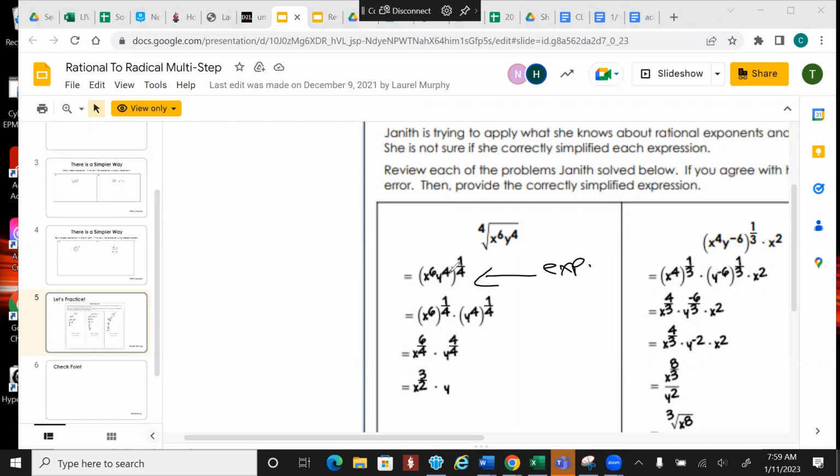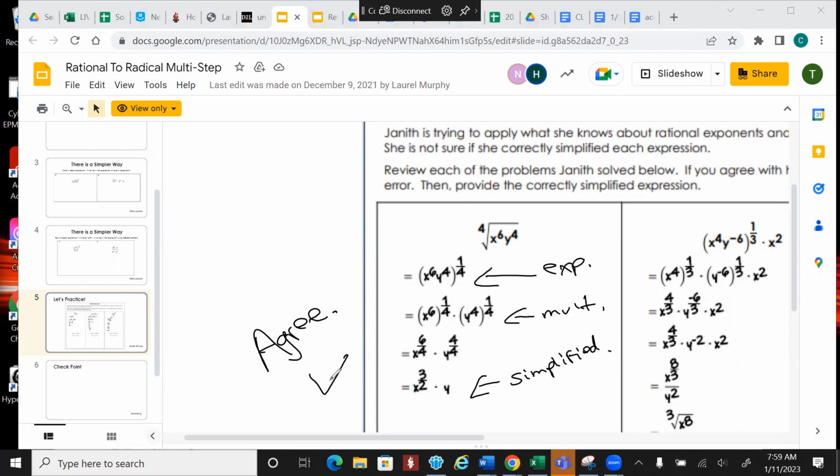Okay, so they took an exponent raised to an exponent, so they started multiplying, right? Okay, and then once they multiplied, what could they do from here to there? They simplified, right? So did they do it right? Whatever this person's name is, Janet? Yep, we agree with them.